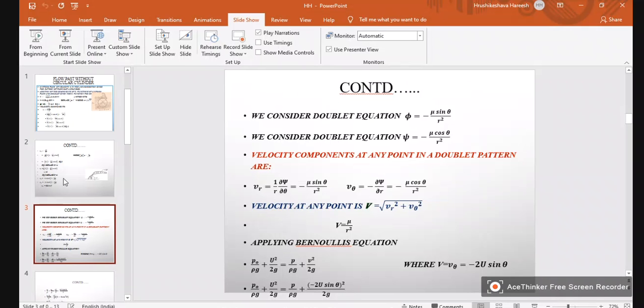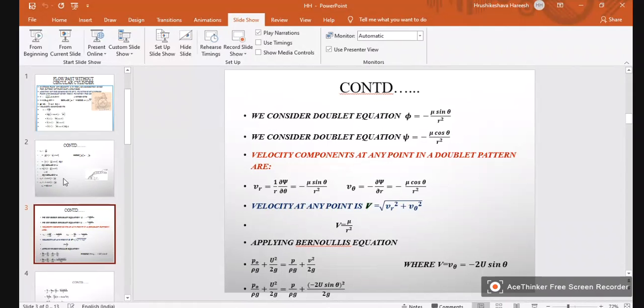Therefore velocity in the tangential direction is minus dou psi by dou R, which is minus U cos theta by R square. Velocity at any point is V equal to root over V_R square plus V theta square, so V is equal to U by R square.